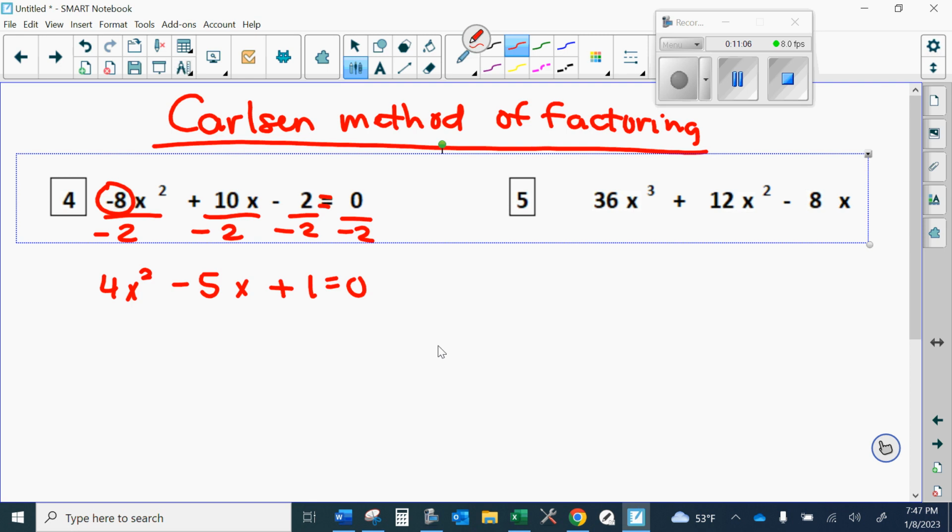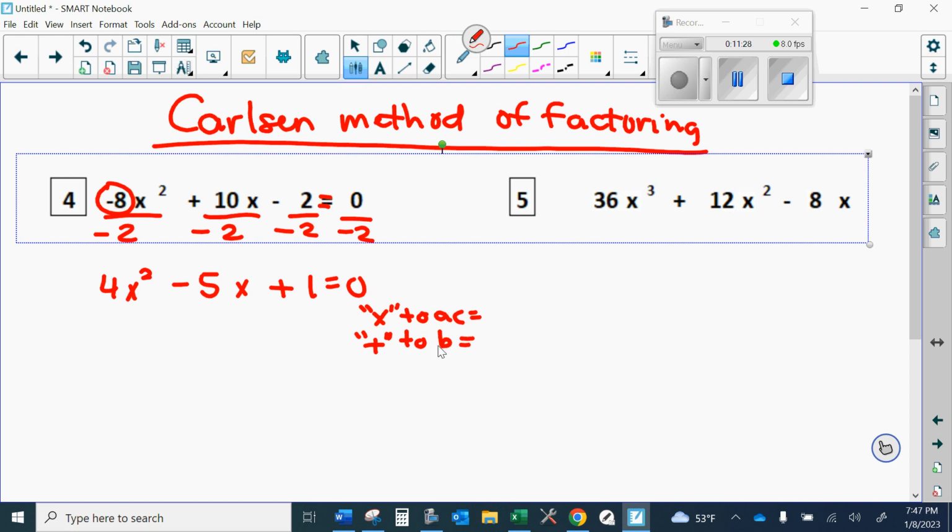Okay, so by doing that, that's also making it smaller numbers to have to work with, which makes it much easier. Okay, so we know it always multiplies to AC every time and adds to B. Doesn't matter what method you do, you have to do this step right away.